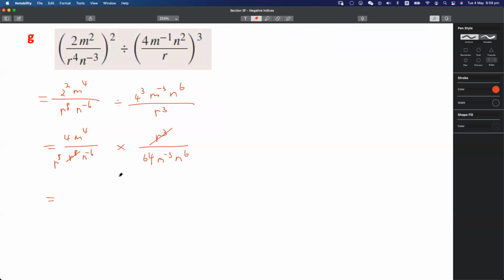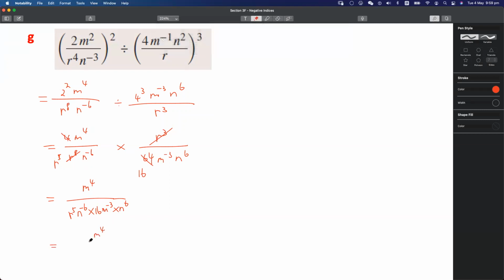And what else can we have? 4 over 64 gives us 1 over 16. Okay, let's write it down. m to the power of 4, r to the power of 5, n to the power of -6, times 16, m to the power of -3 times n to the power of 6.